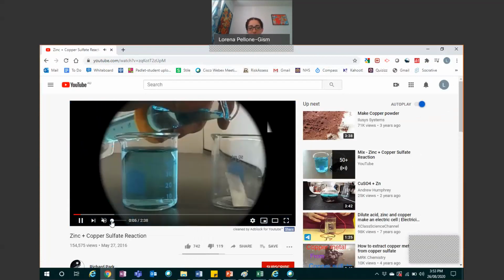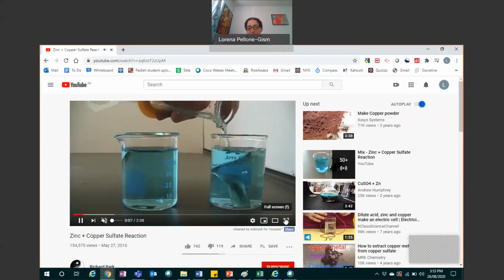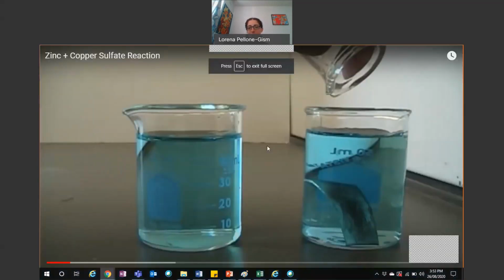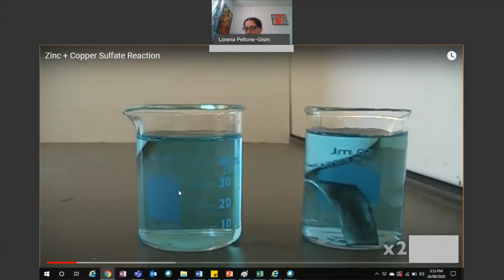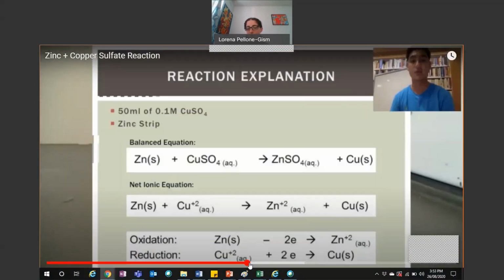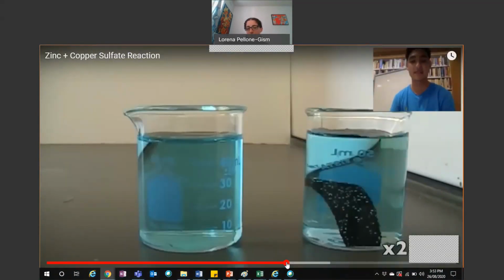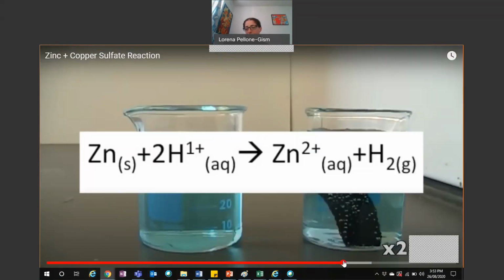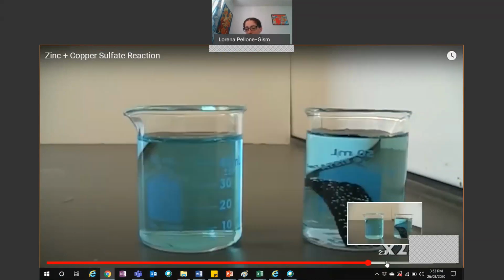So without too much noise, here is an example of a redox reaction. You've got copper sulfate, the blue solution, and you've got zinc, and you can see that the zinc is darkening. And over time, the zinc will actually get a red coating over it, which comes out on camera looking black.